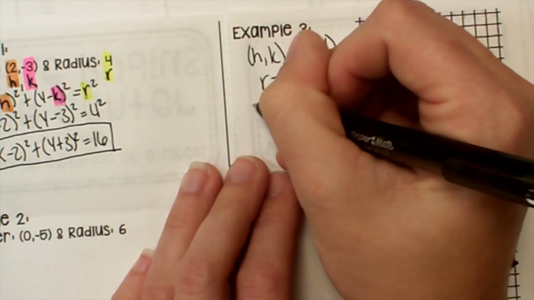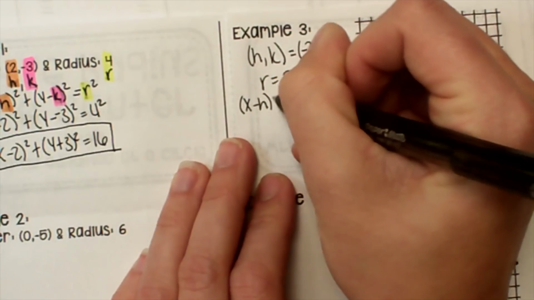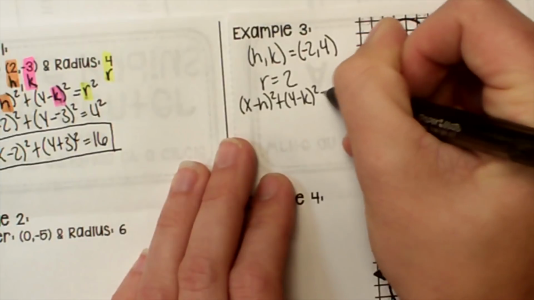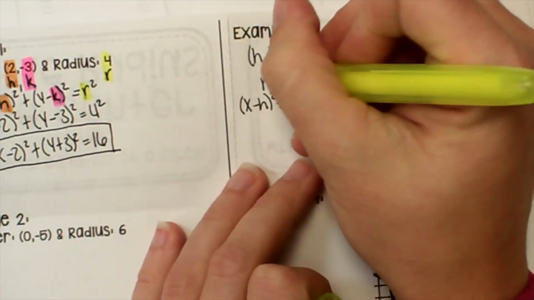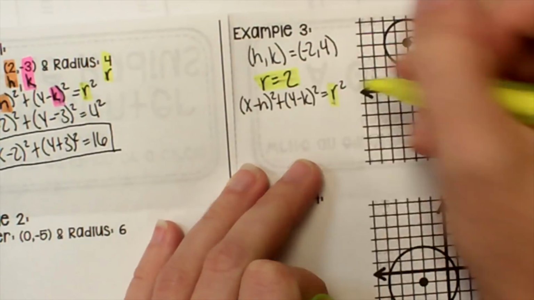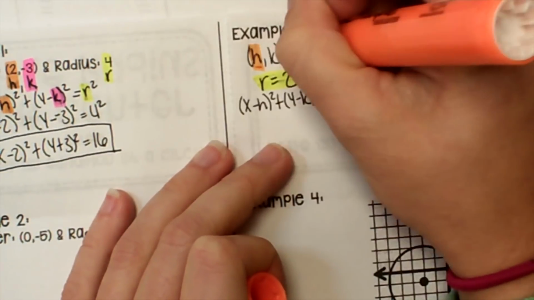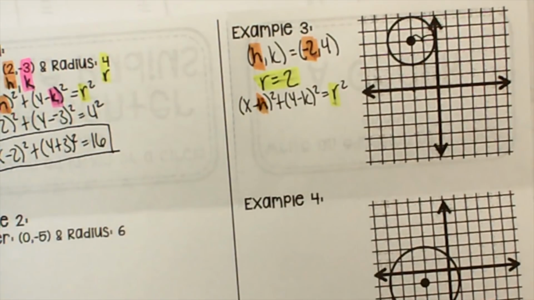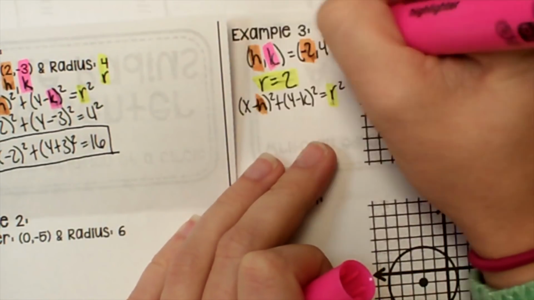If you plug it into your formula, (x minus h) squared plus (y minus k) squared is equal to r squared, and you know me, I like my highlighters, so I highlight everything that goes where. Your h is negative 2. It's going to go there. Your k is the y value. I know it's a lot of variables.